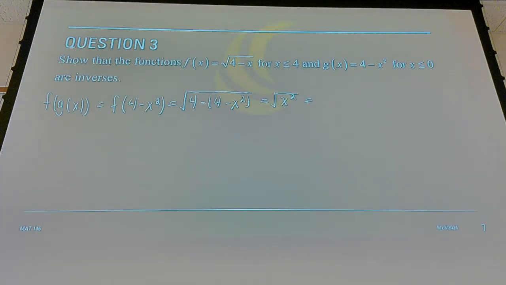And what was the square root of x squared? How do you write that mathematically? Absolute value of x. What's the domain for g of x?